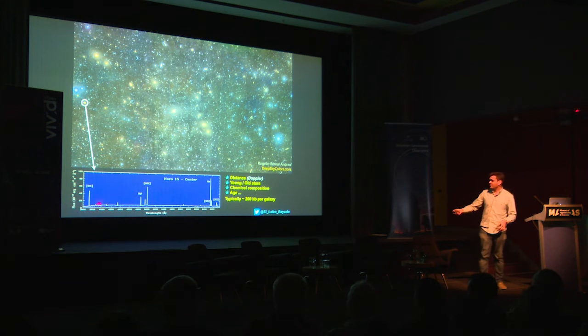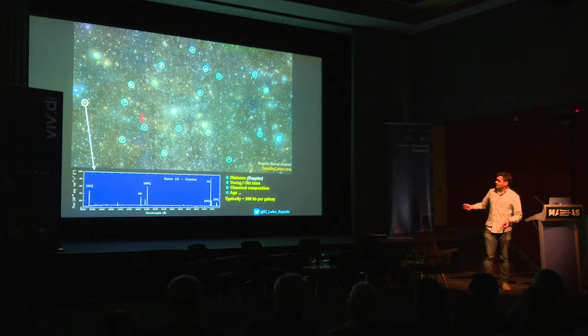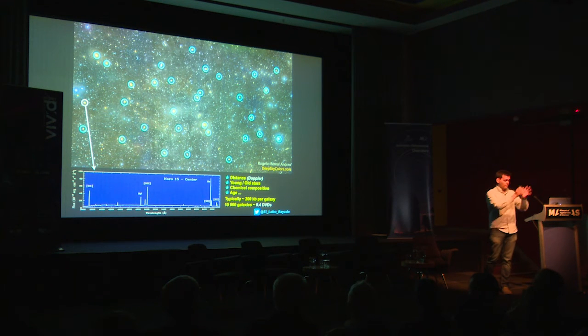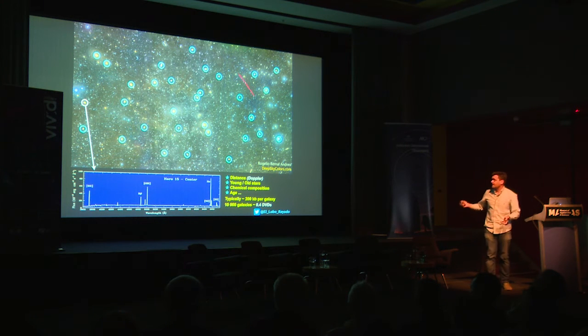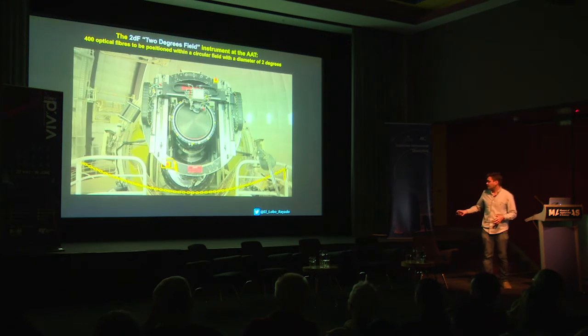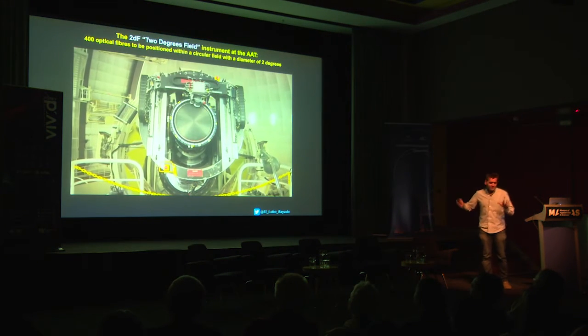But just a single one of these spectra will have 200 kilobytes per galaxy. Imagine that we are doing that for a lot of time, just taking your telescope, pointing there, taking the light, going to another galaxy, and so on. That is what we were doing till the 90s, and we got around 10,000 galaxies.